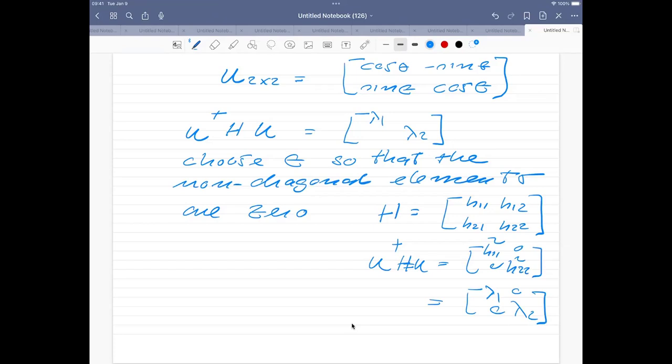But as you can see, this is a very inefficient method, because when you have a big matrix, it's acting on only one element, if your matrix is symmetric. If H12 and H21 are the same, you only need to look at one of them. But it just zeroes out one element at a time. That's extremely inefficient when you want to solve a large eigenvalue problem. But the basic philosophy is this one.